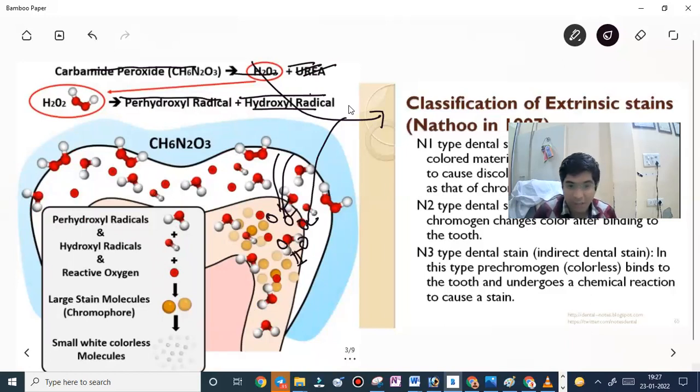So the outcome you see will be a whitened appearance. So that is how the bleaching action takes place.